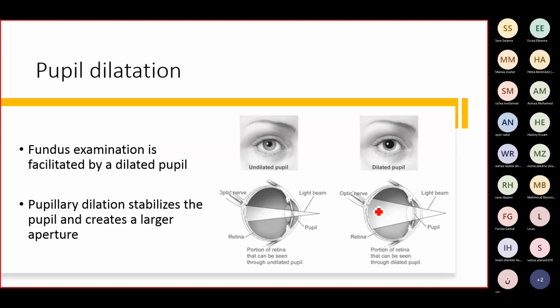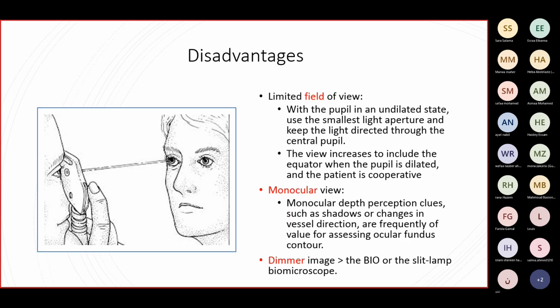As we mentioned, the main limiting factor of the field of the direct ophthalmoscope is the illumination. Okay. The main disadvantages of the direct ophthalmoscope are the limited field of view and the monocular view, so you will not be able to appreciate depth. One trick you may use to appreciate depth is to focus on the summit of the lesion. Let's say, for example, you have a retinoblastoma mass inside the eye.